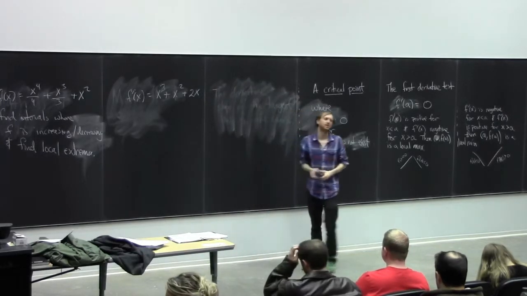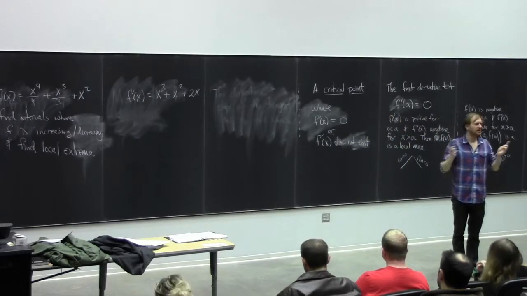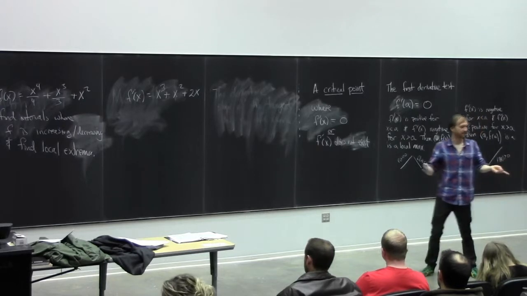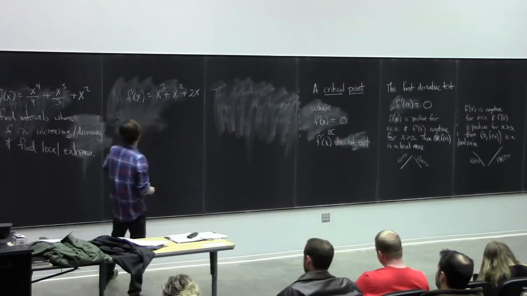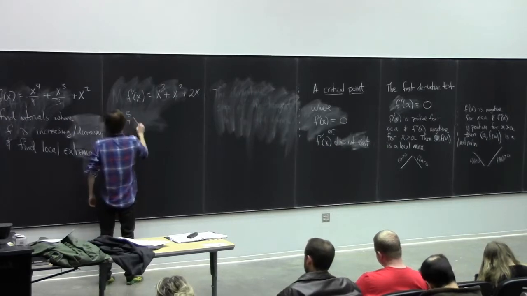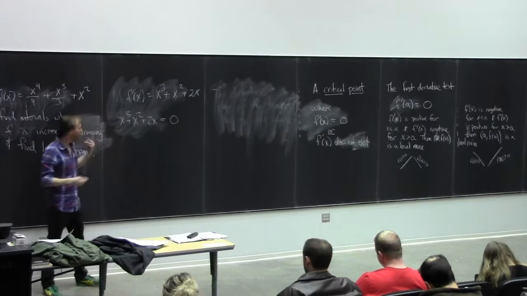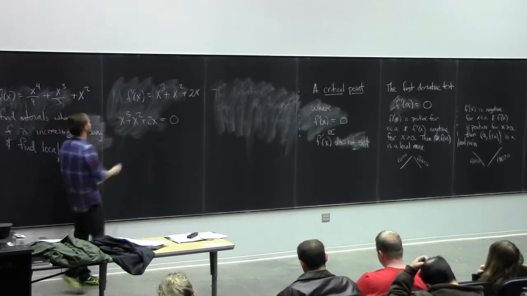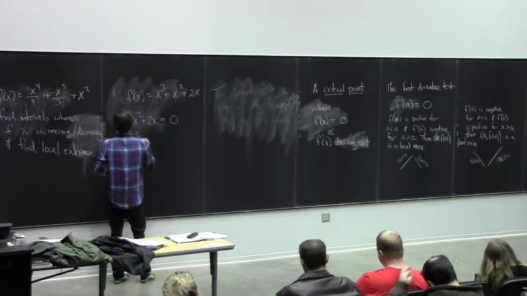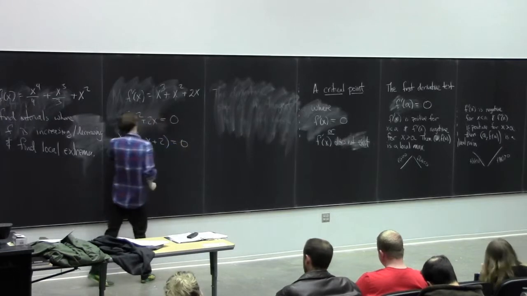So we want to find, step 1, the critical points. That's where the derivative is 0 or undefined. So we say x cubed plus x squared plus 2x is equal to 0. It's a cubic, but what can we do first? Factor out an x. So it's x times x squared plus x plus 2 equals 0.